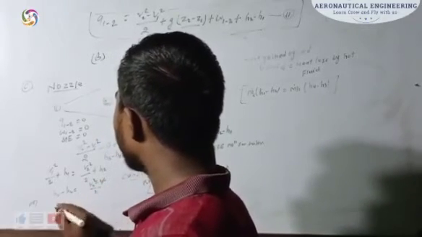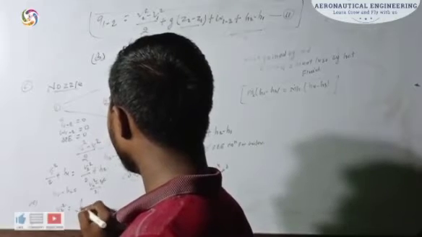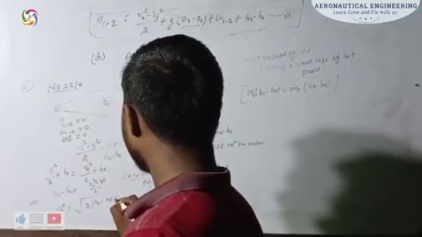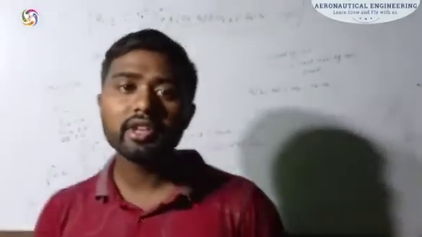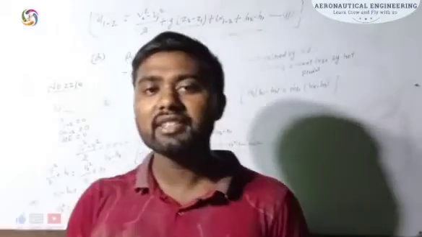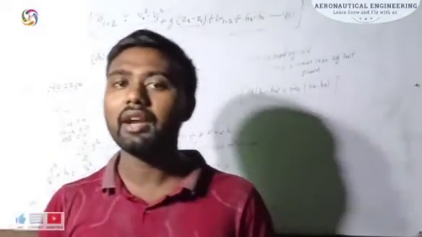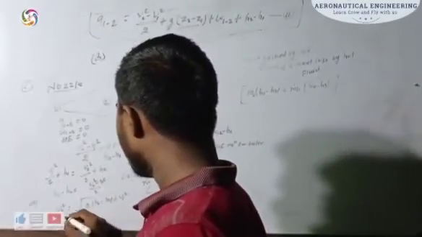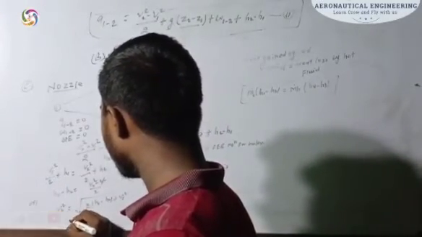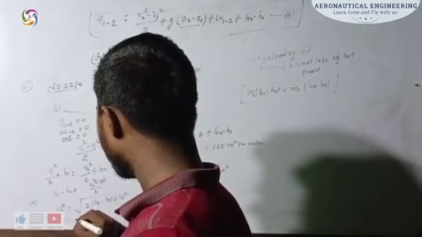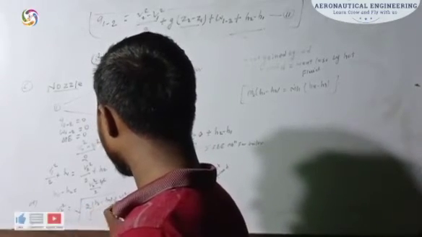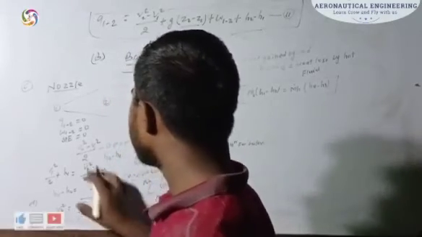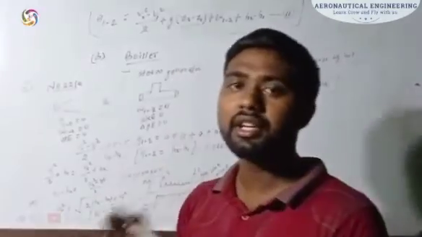So for V2 square we get under root 2 times (H1 minus H2) plus V1 square. Suppose if the initial velocity is negligible in compared to the final velocity, that means V1 is negligible in compared to V2. So we get V2 equal to under root 2 (H1 minus H2). This is the equation for steady flow energy equation in case of nozzle.